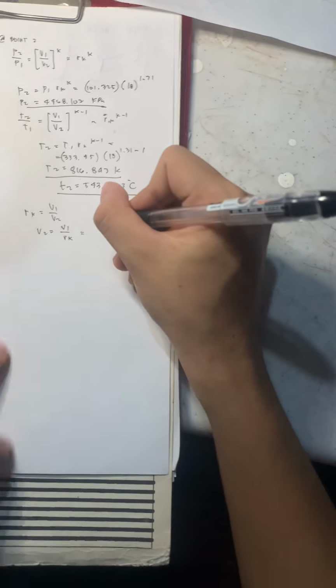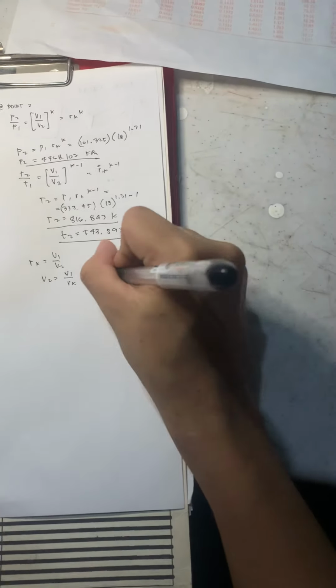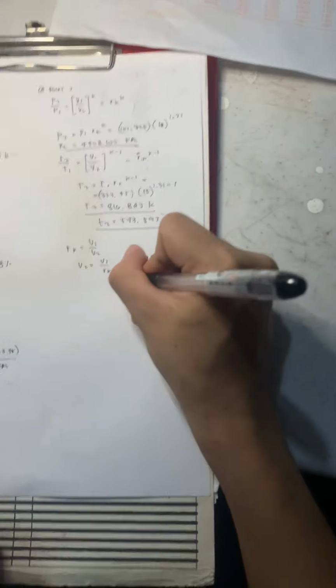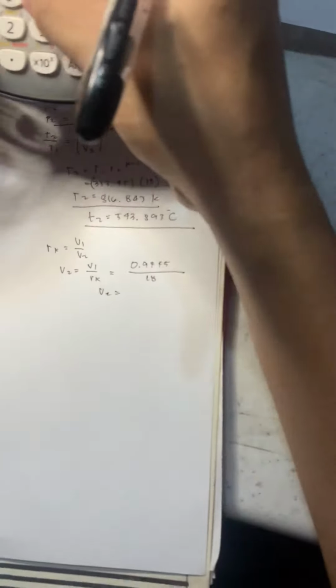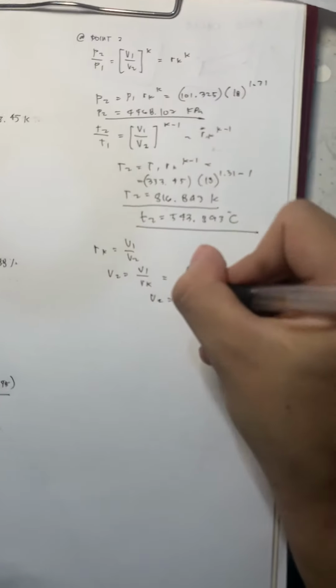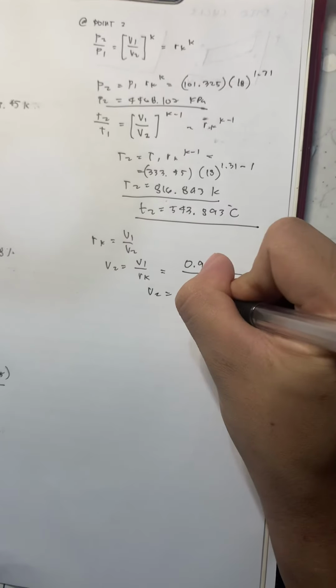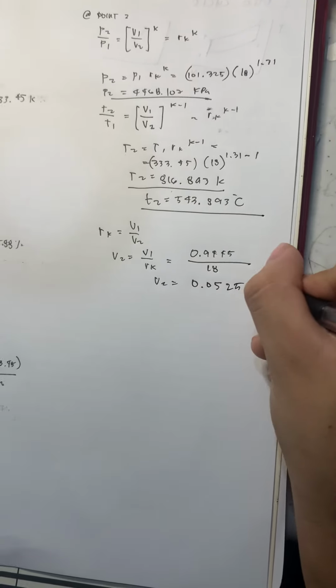V1 equals 0.9445 meter cube over 18. By solving, V2 equals 0.0525 meter cube.